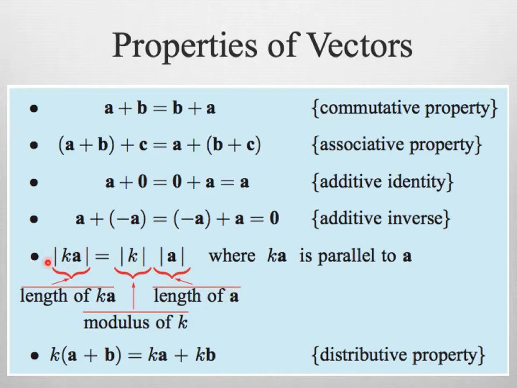Notice this is a vector, so we talk about lengths or magnitudes. Here, this is a scalar, so we can't really do the magnitude of a scalar. It's really just taking the absolute value of that k value. Then the distributive property works with vectors as well, assuming k is a scalar value.